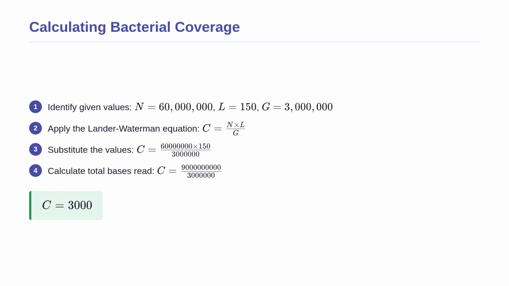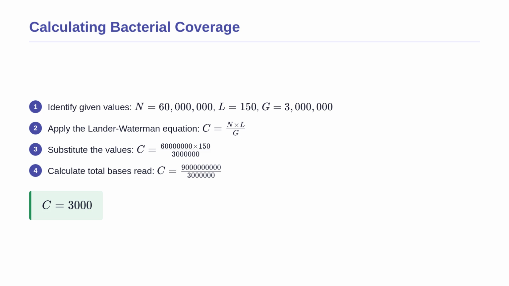Now that we have our formula, let us see this with a concrete example. Suppose a sequencing machine generates 60 million short reads to sequence a small bacterial genome. Each read has an average length of 150 base pairs, and the total genome size is 3 million base pairs. What is the coverage? First, we identify our variables. N is 60 million, L is 150, and G is 3 million.